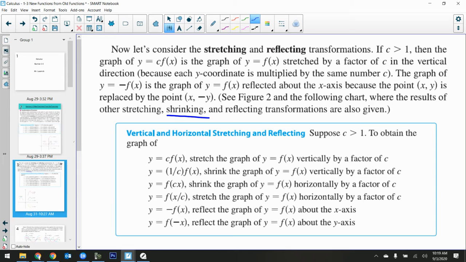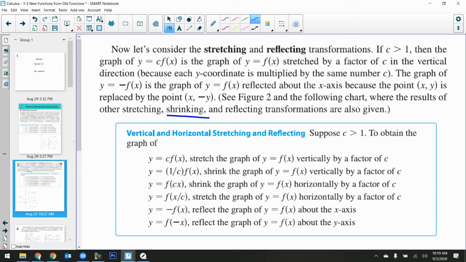If you put that on the inside, it turns from vertical to horizontal. And again, weird things happen with horizontal. If it's a horizontal compression, it's going to look like a whole number on the inside. So if I take f of 3x, that's actually a horizontal compression by 1/3.